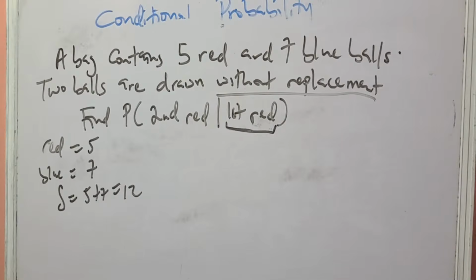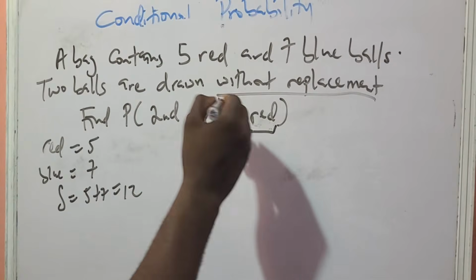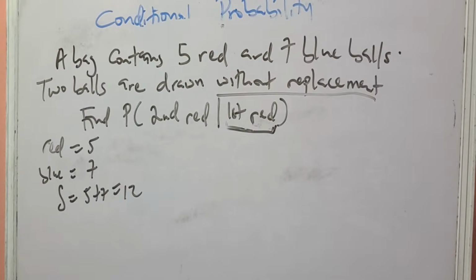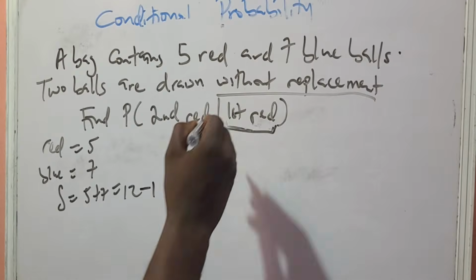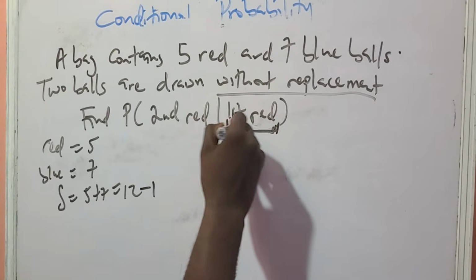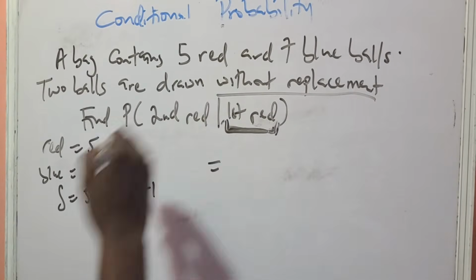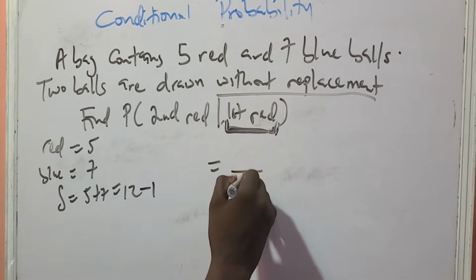But when you drew the first ball, which was red, your sample space reduced to 11. So given that it was red, the sample space associated with this condition is 11. So your answer will be over 11.